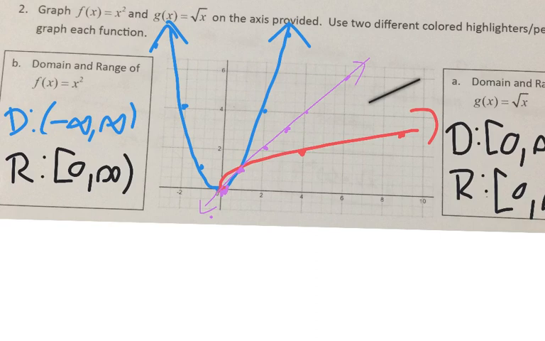Oh, symmetry. If I were to fold the blue graph over the purple line, I should get the red graph. Kind of? What's the problem there? They're kind of symmetrical, but it's the 0. The negative. So with the blue graph, when the x is negative, all that part should be ignored, right?